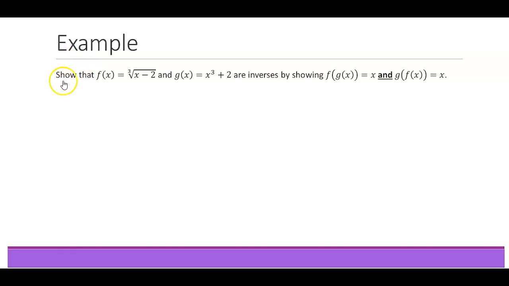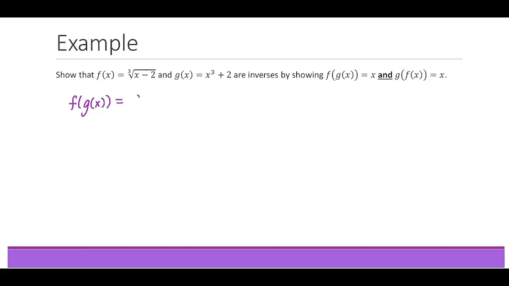In this example, we want to show that f of x equals the cube root of the quantity x minus 2, and g of x equals x cubed plus 2 are inverses by showing f of g of x is equal to x and g of f of x is equal to x. So we'll start by considering f of g of x.